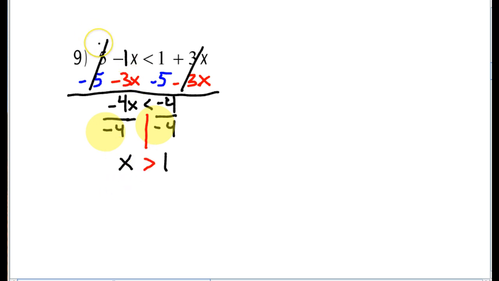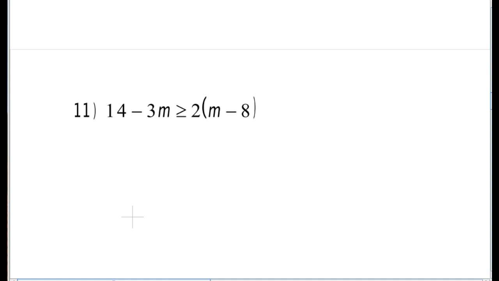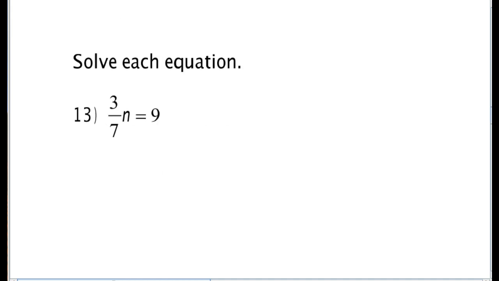That's the only difference with equations and inequalities. On the last step, if you have to divide by a negative, that's when you switch the sign. It's the only little thing you have to remember. And I believe the rest is all the same.